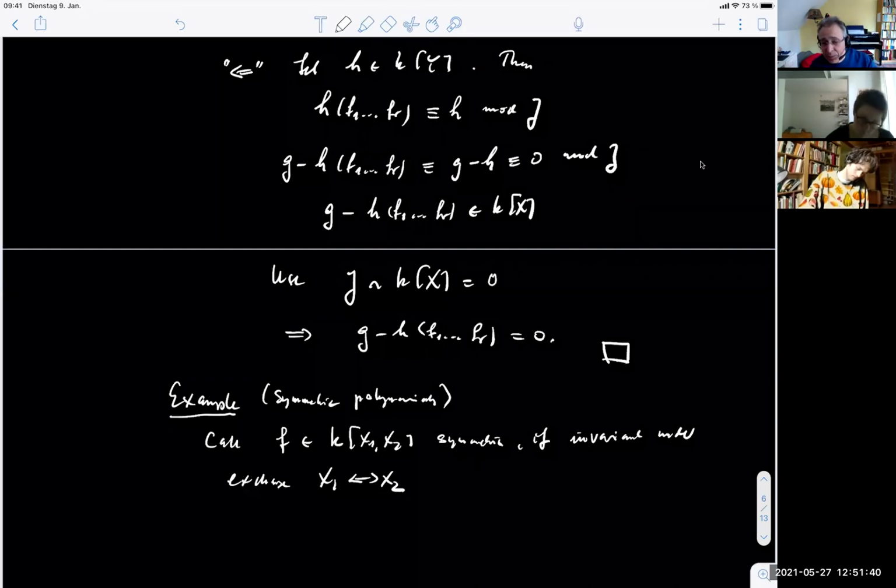Okay, if I replace x1 by x2 and x2 by x1, it should be the same. Okay, this is symmetric.